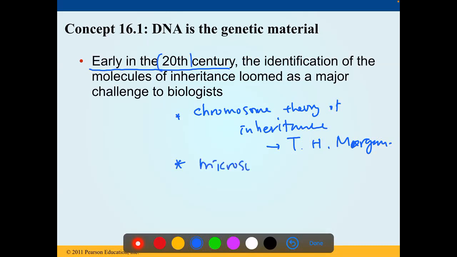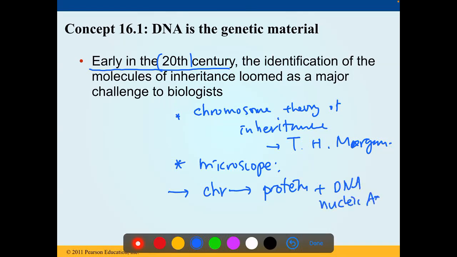Technology developed, so we had better tools. With these, we could look at the chromosomes, and we know that chromosomes are protein and DNA, largely nucleic acid.